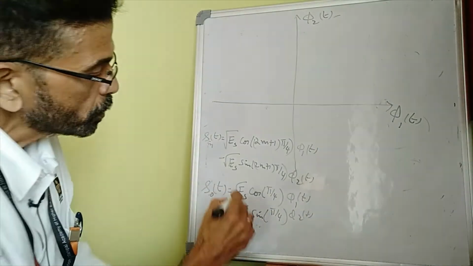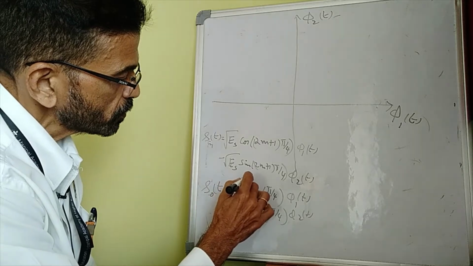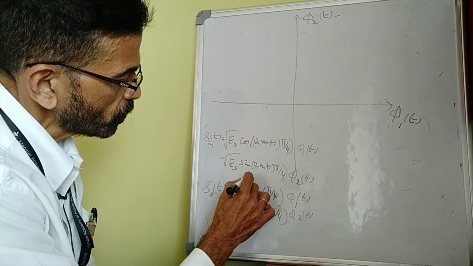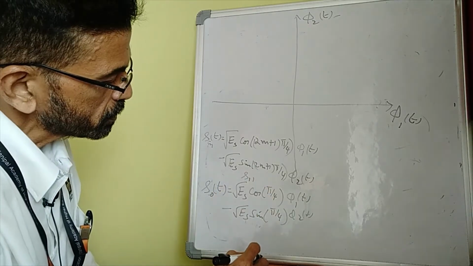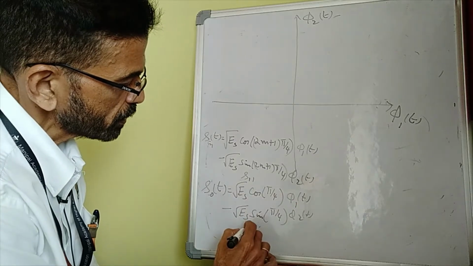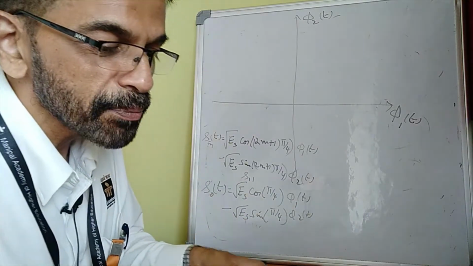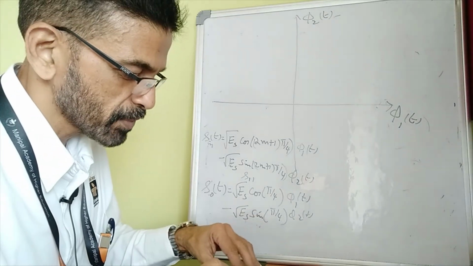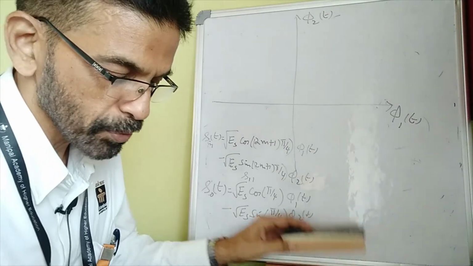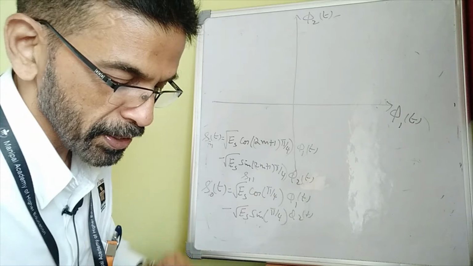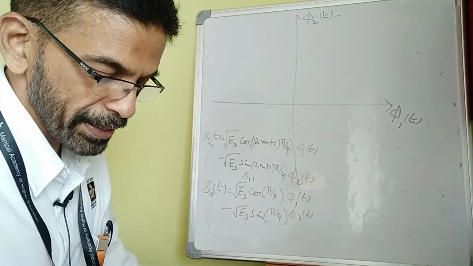So S1 will be this, and before that I think there is some inconsistency in the notation. I don't want to carry it forward from this point. We will correct it here itself.